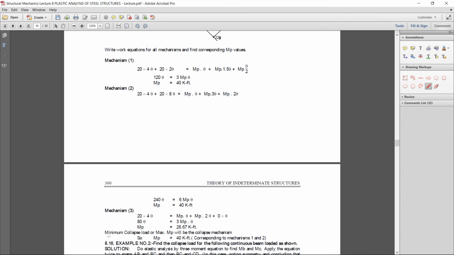You can state this sentence like that: the minimum collapse load means the loads applied on the beam are the loads which are causing the maximum plastic moment, maximum Mp, which will be the collapse mechanism. Mp is equal to 40 cubic feet, and this mechanism is forming against the 20 kip load. So that is the minimum collapse load for the plastic mechanism formation. So that's all for today's lecture.